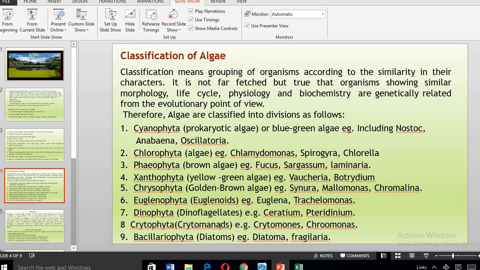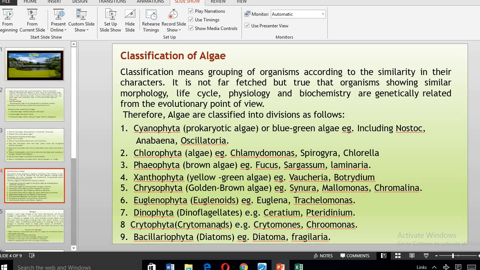Next, we want to look at the classification of algae. To classify means to group organisms that are similar together. So when we talk about classification of algae, we are grouping the algae according to the similarity in their characters.